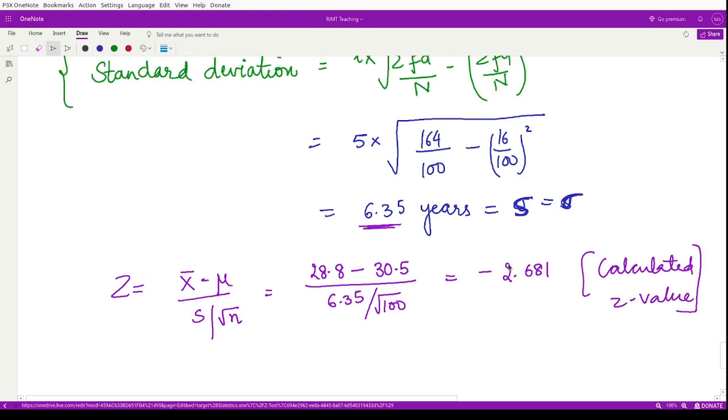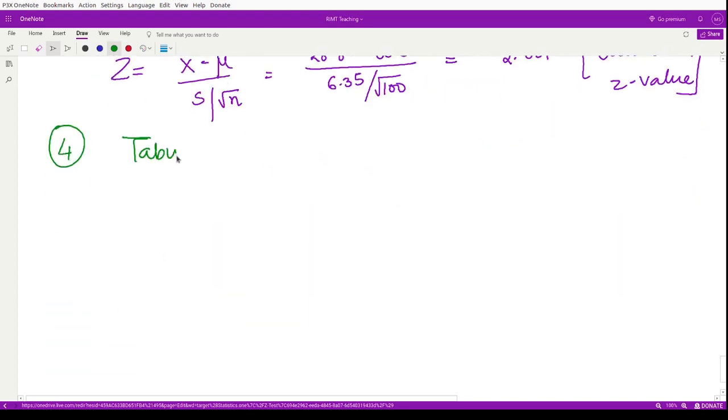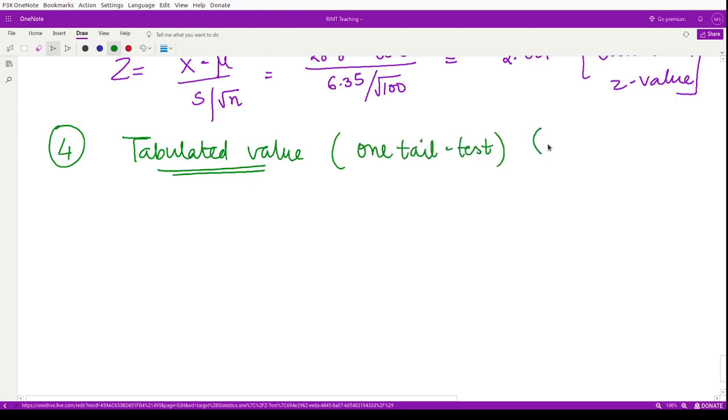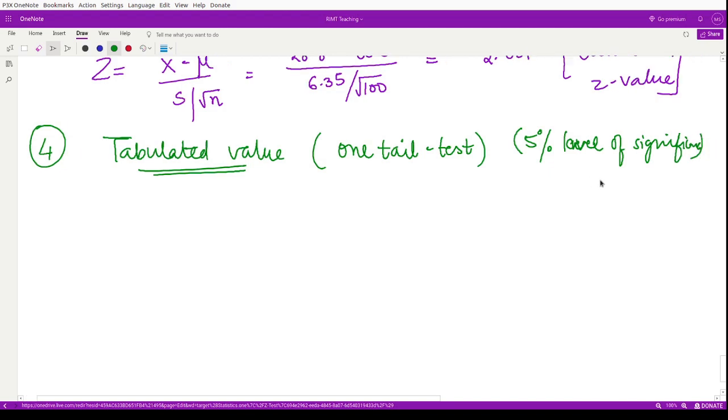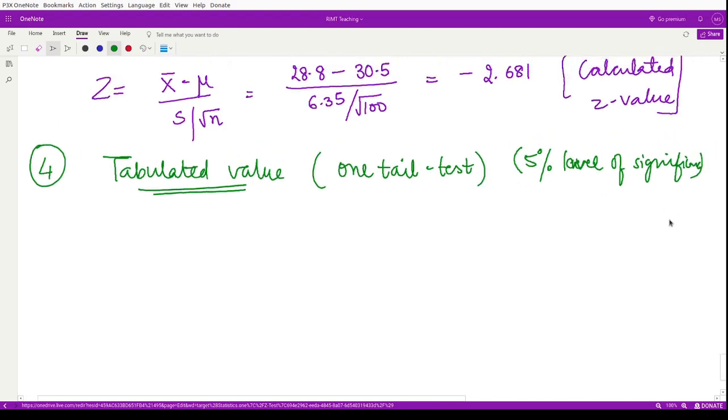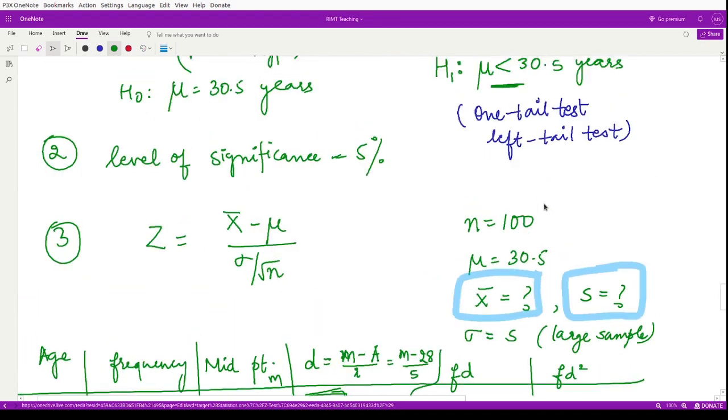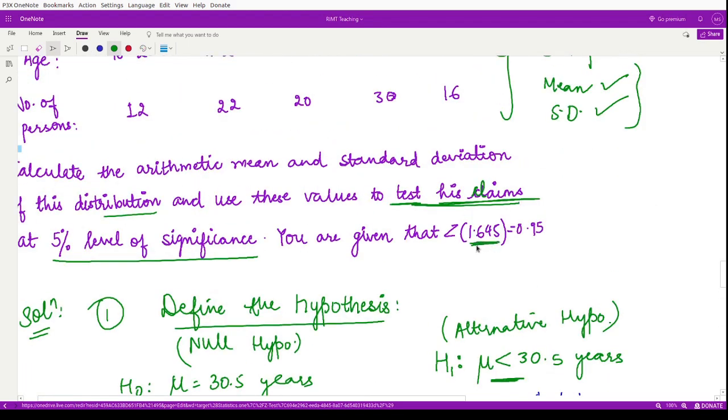Now in the next step, we require the tabulated value. For the tabulated value, our test is one tail and we wanted to check it at 5% level of significance. So let's move on to the statement of the question. Here in the statement, they have given you the value 1.645.